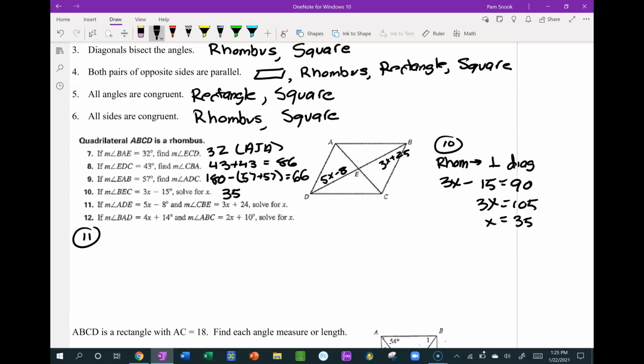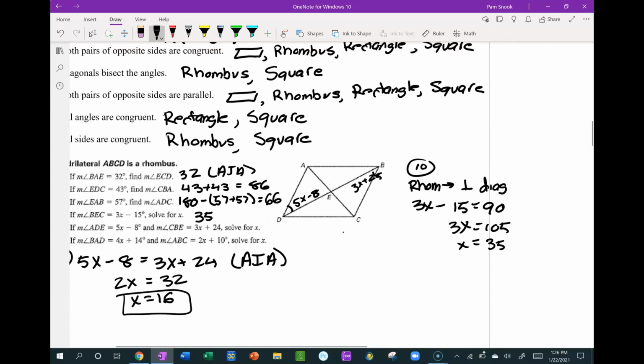So I have alternate interior angles. So I can set them together and solve. So 5x minus 8 equals 3x plus 24. And I'm doing alternate interior angles. So go ahead and I get 2x equals 32, x equals 16.